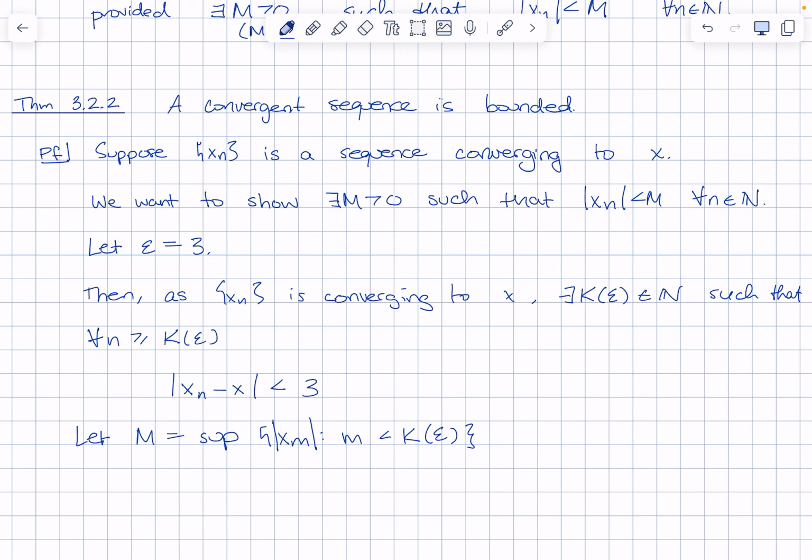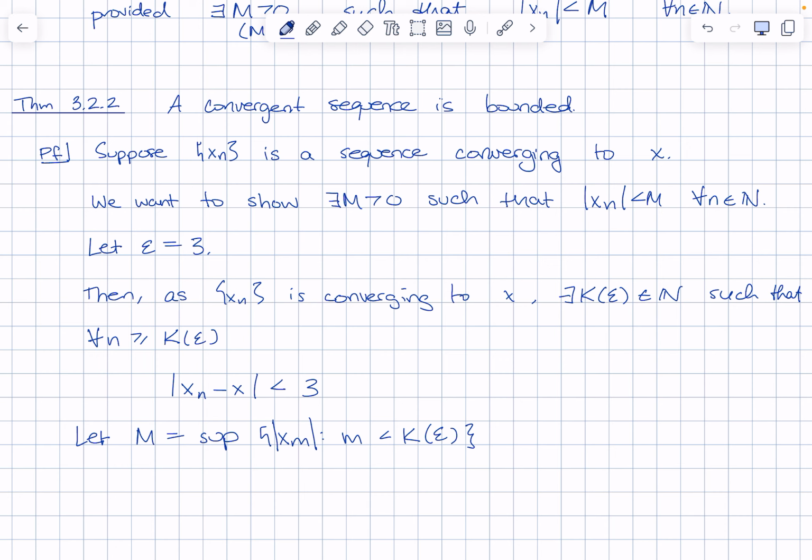Do we need a sup here, or can we use a max? Isn't that the same thing? When is it not the same thing? It's only not the same if it's unbounded. But we're saying it is bounded, and we have a finite set.